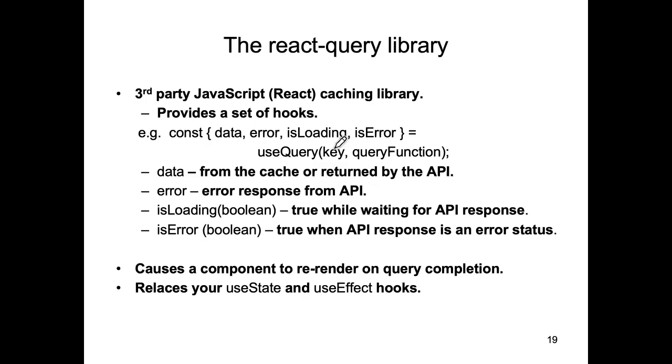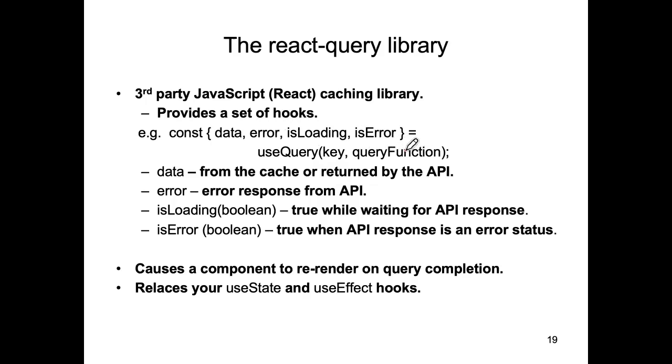And if it does, then it's going to return all of this to us, which I'll talk about in a second. But if it doesn't, how does the cache know how to retrieve that data? And that's what the purpose of the second argument is. This is going to be a function which we as the React developer must write. And this function contains the code to make the TMDB call. Essentially, we've seen this kind of stuff before.